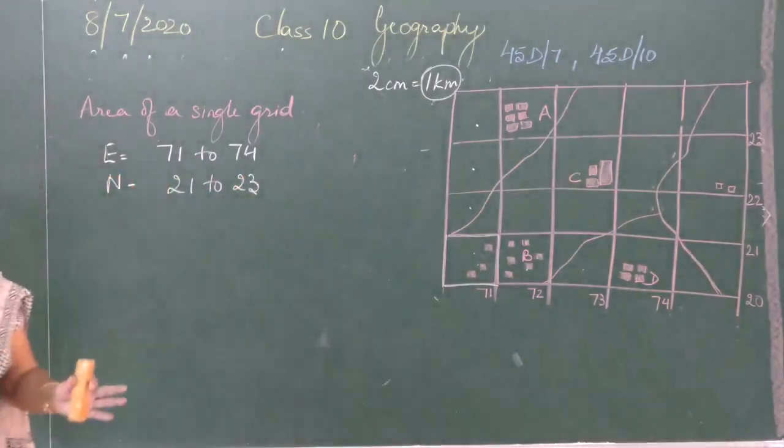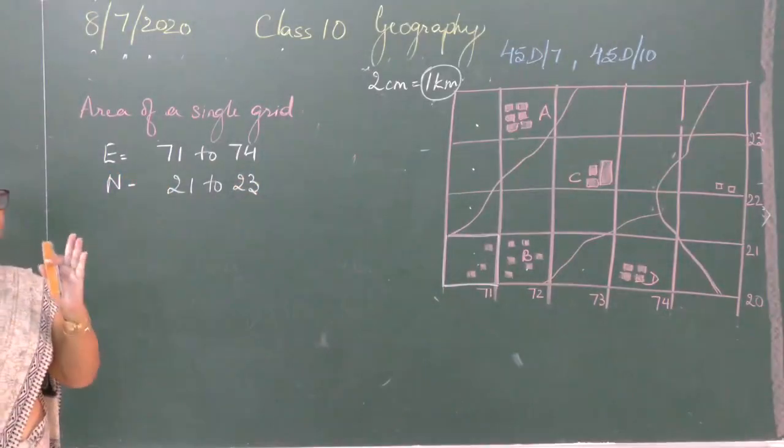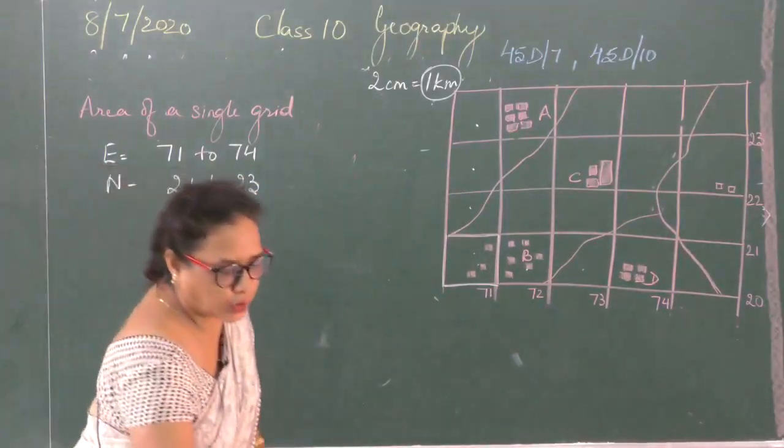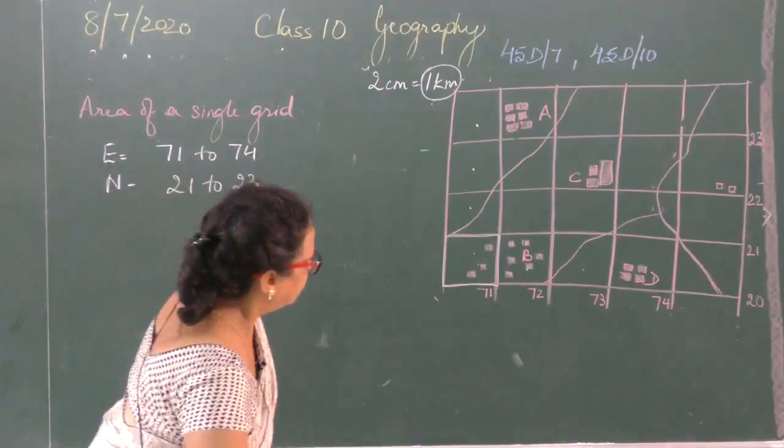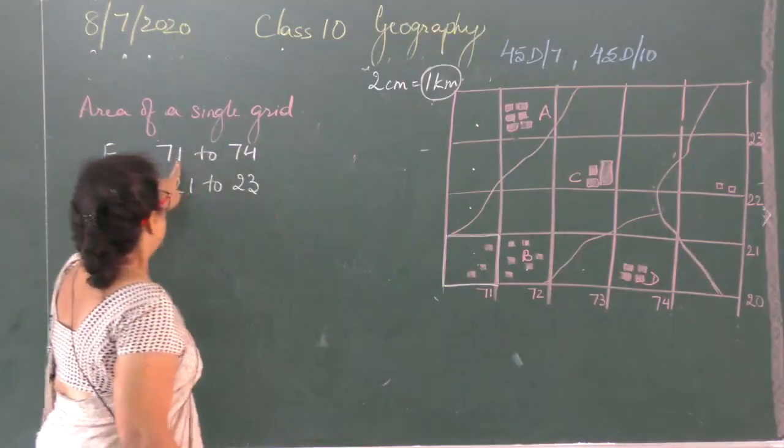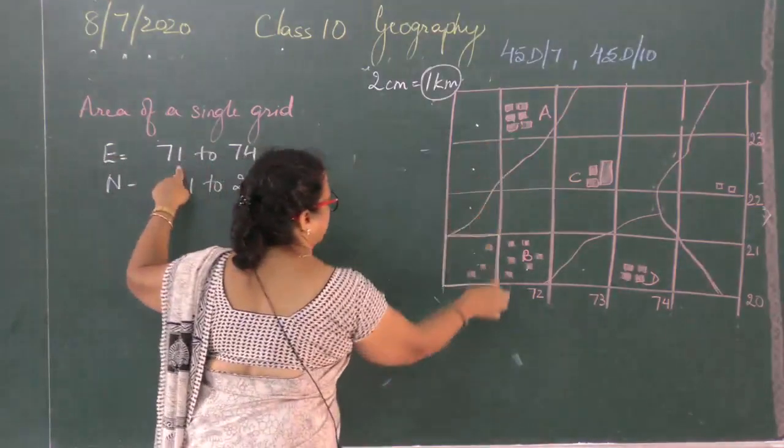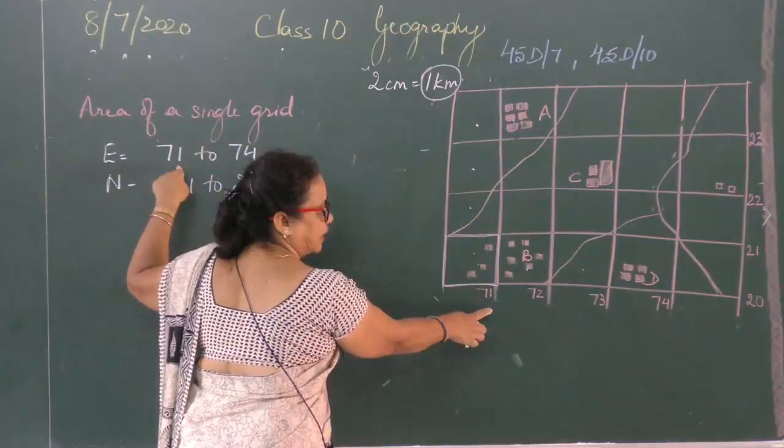Now the entire area has not been given, a particular area has been marked. What will you do on the map? Please take note. Eastings number 71, you locate it on the map sheet.